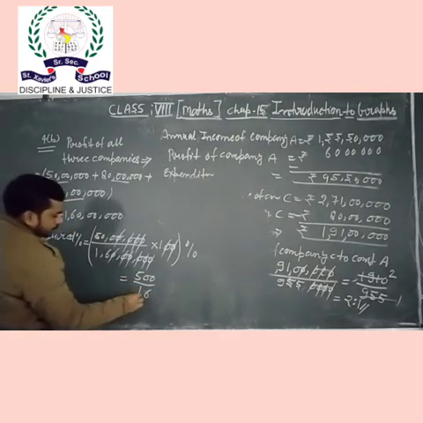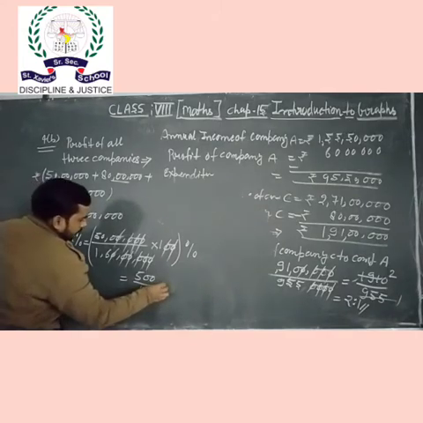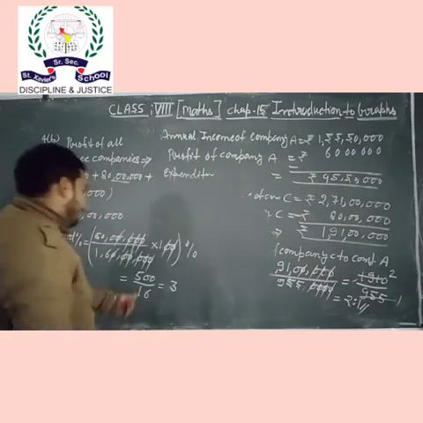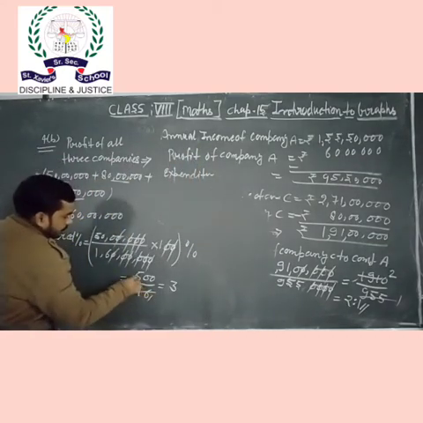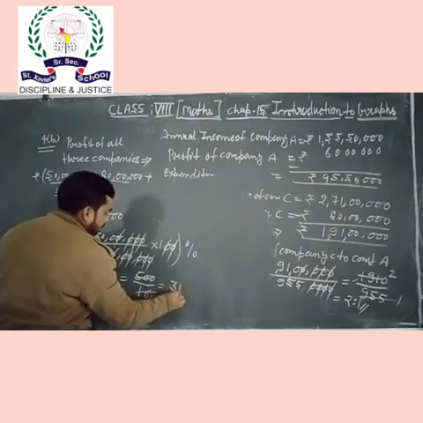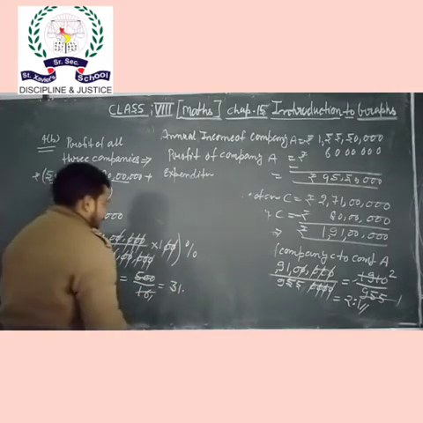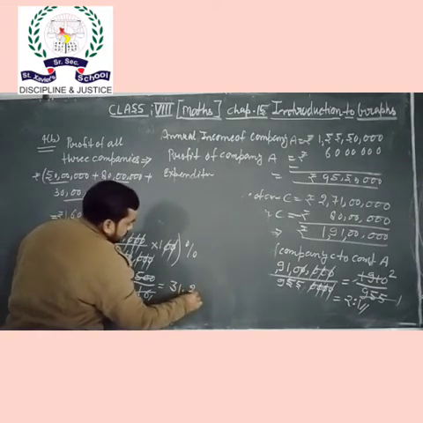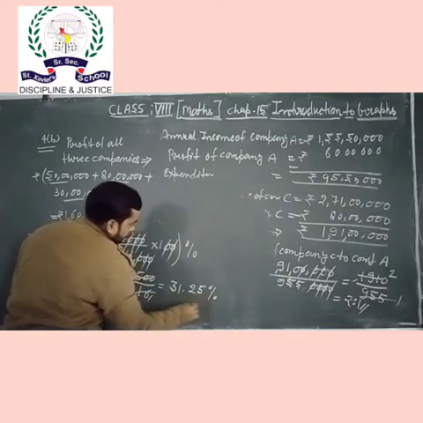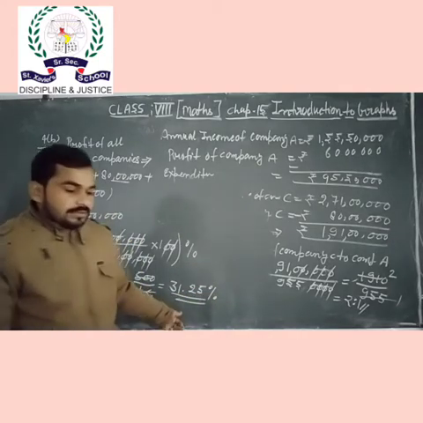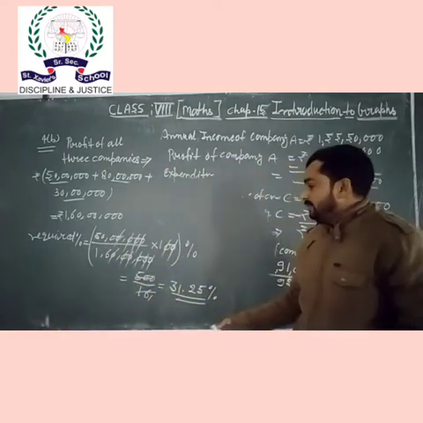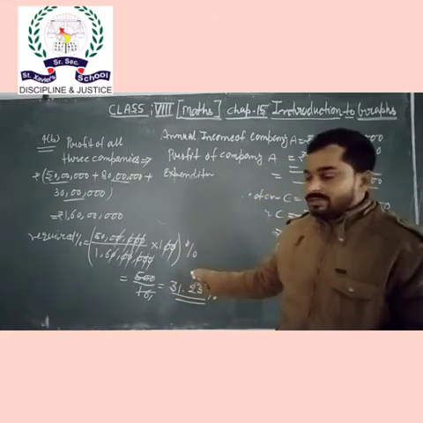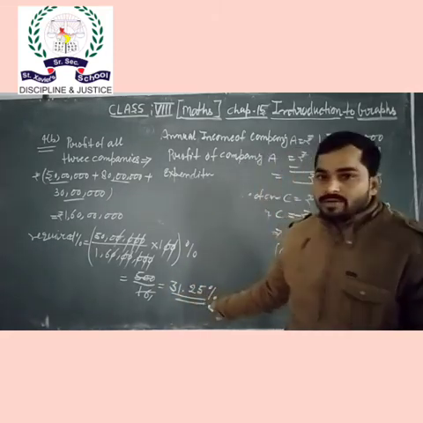Dividing by 16: 16 threes are 48, remaining 2; 16 ones are 16; that gives 31.25%. So the profit of company A in 2013 is 31.25% of the profit of all three companies.